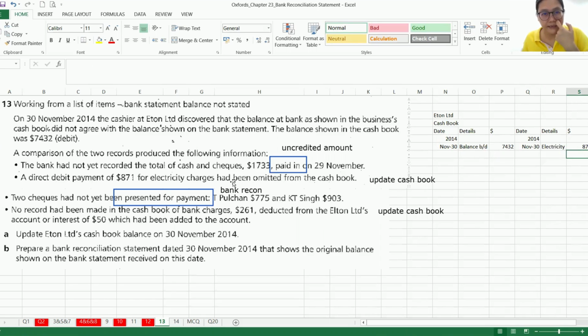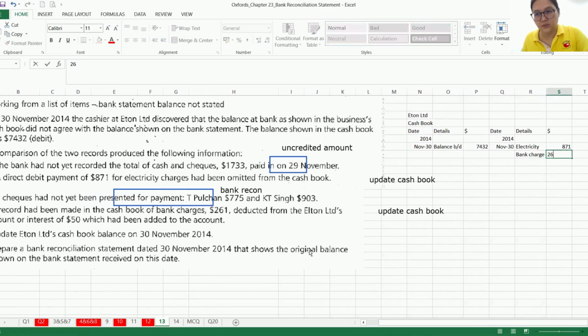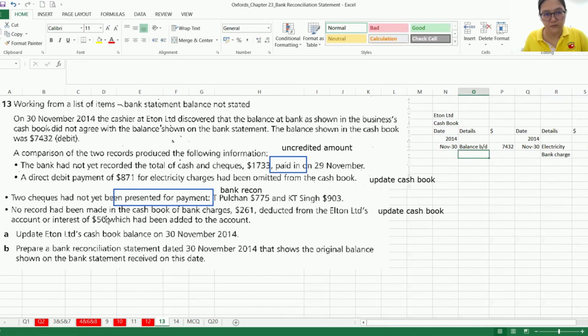And then one more, bank charge, which is 261. Another one is the amount 50. This 50 is generally the interest earned. Interest received. This is the income to Eton.